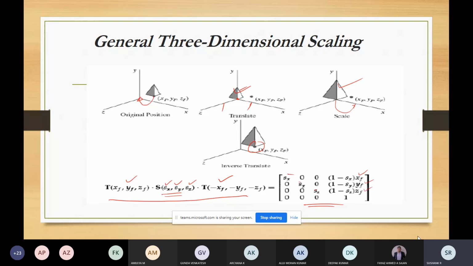So this is the composite transformation matrix. You can use this transformation matrix to perform the scaling of an object about a fixed point represented by xf, yf, and zf.